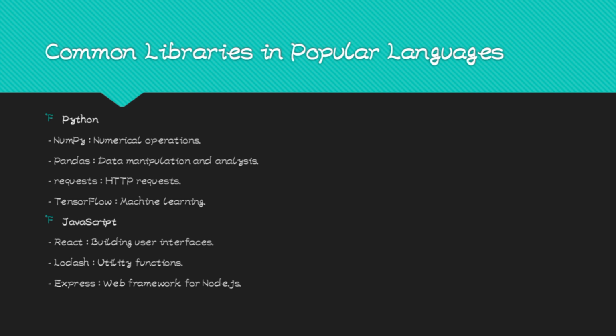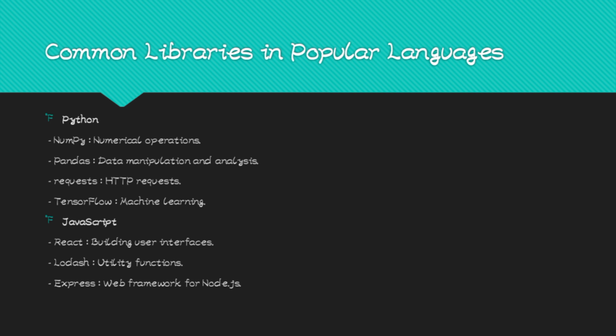Now here are the common libraries in the popular programming languages. I already said the popular programming languages are Python, JavaScript, and others. For Python, we have NumPy, which I already talked about in the previous slide. It is for numeric operations.